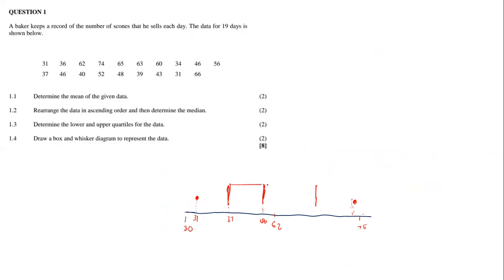So now this will be our box and whisker diagram. Then here's our whiskers, we join them. And then here's our whiskers, we join them. I'm sorry about my drawing, guys. I'm not drawing properly over this thing. So this will be our box and whisker diagram. That's how we draw it.